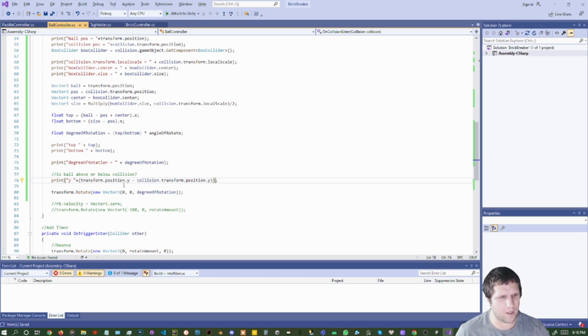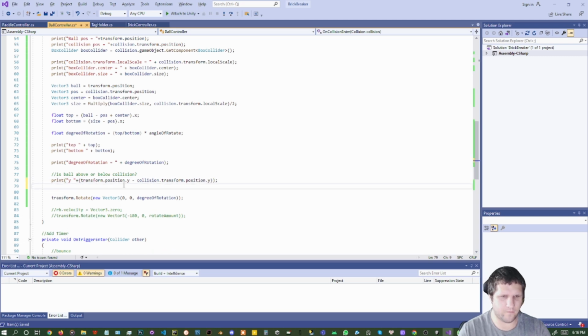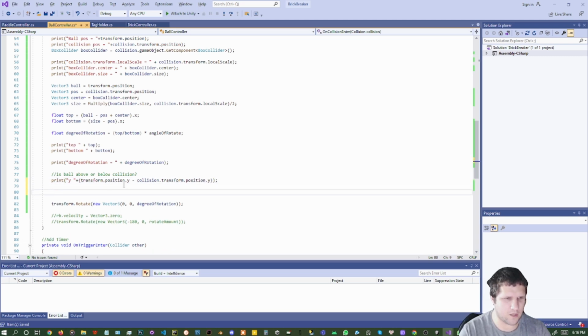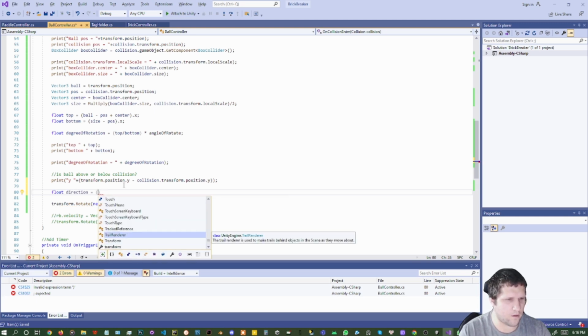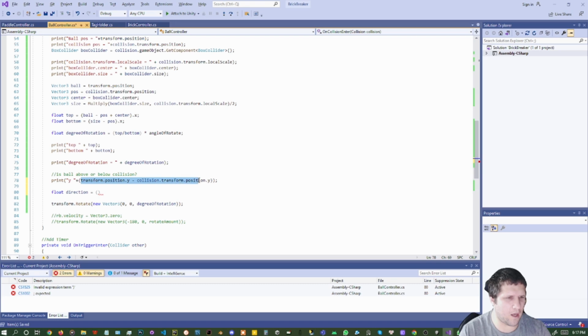So if y is positive, so we want to say float direction equals, instead of typing it out again, let's just copy everything here.